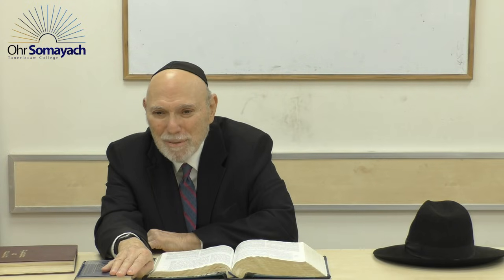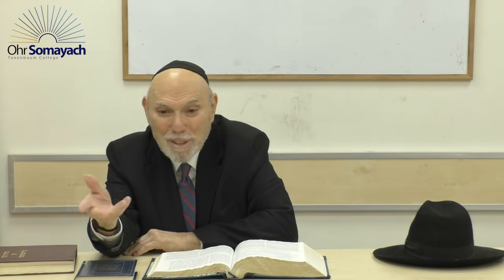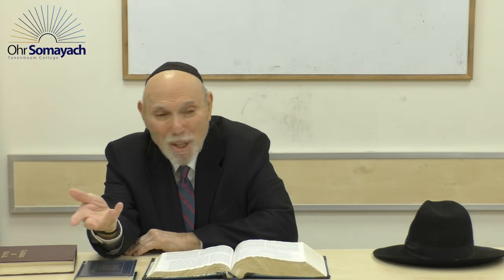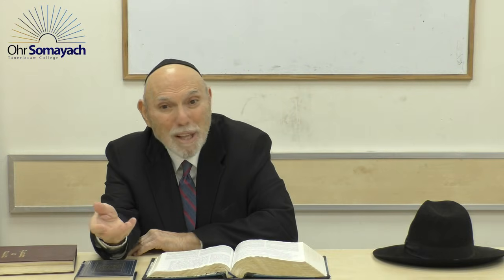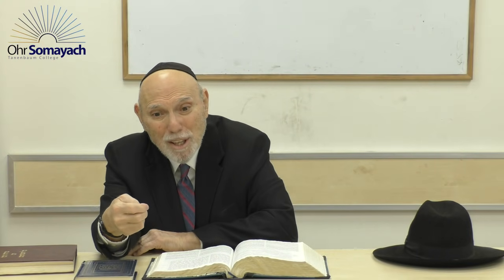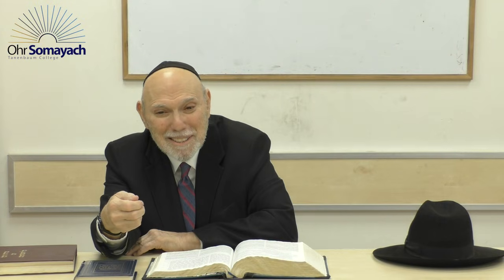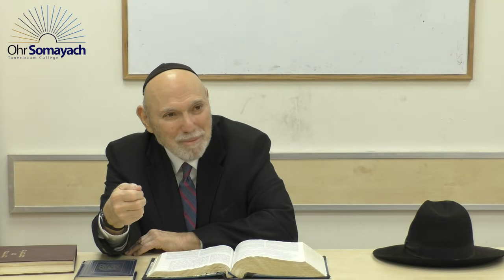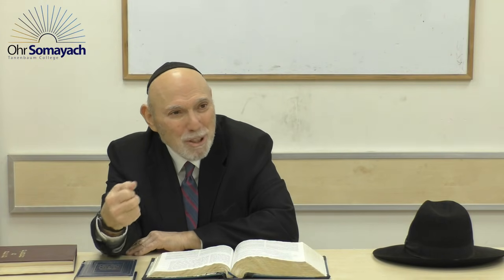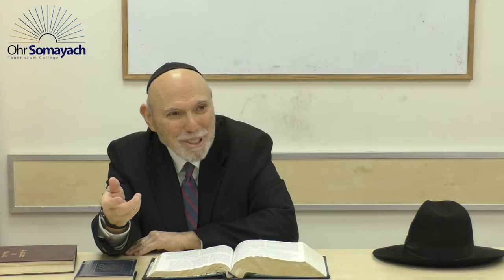And that was achieved. That's what this whole story is, because otherwise we don't understand what the whole story is. The whole purpose of the Egyptian experience was to create the Jew that has this DNA of compassion to his fellow citizen.